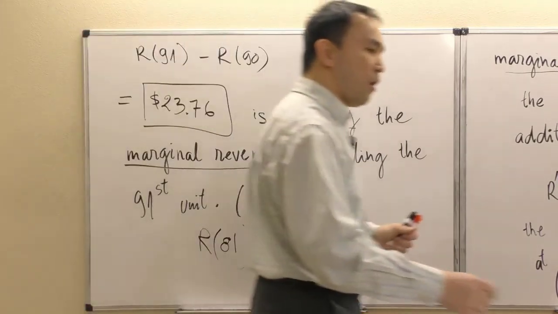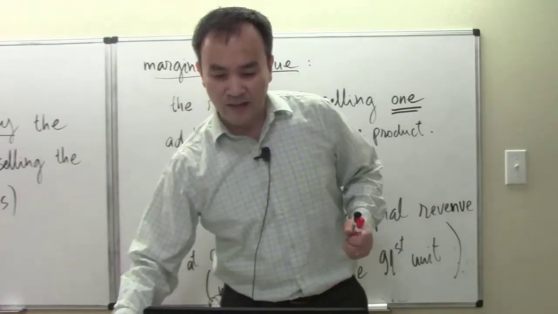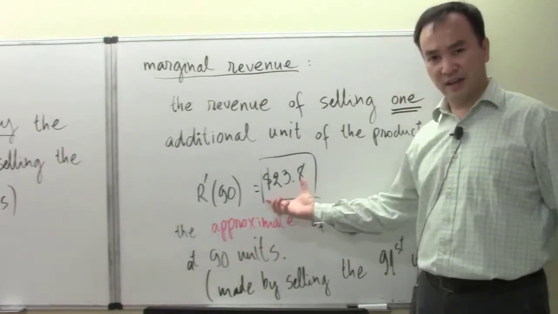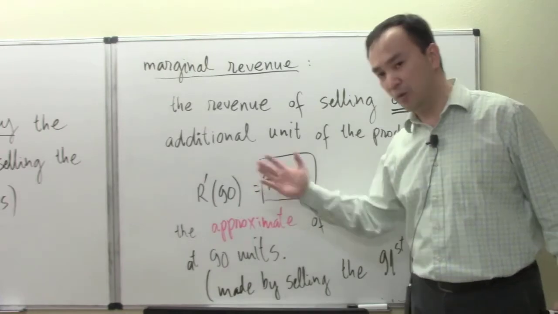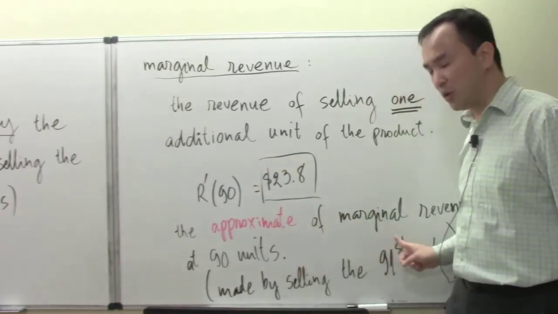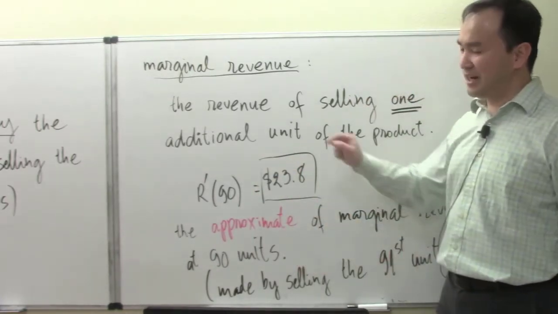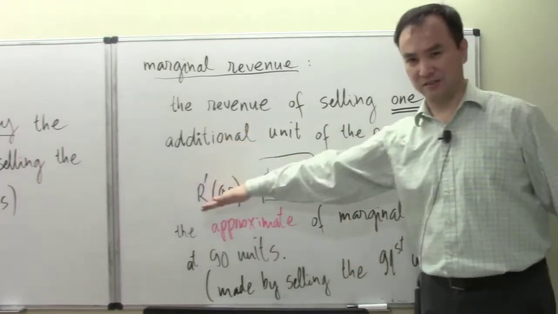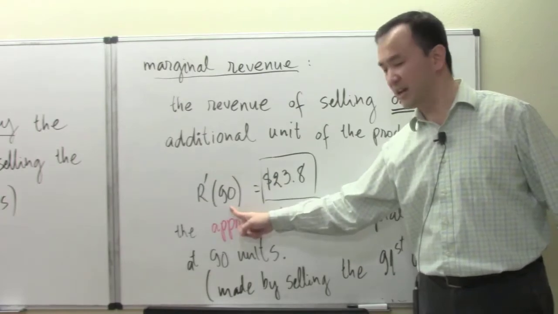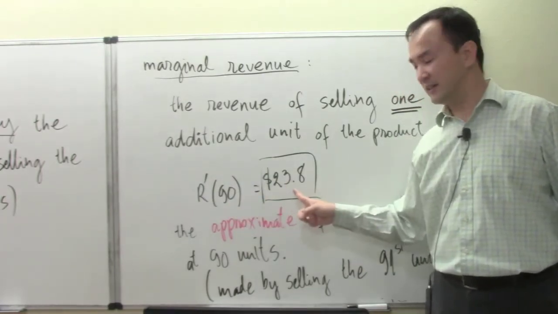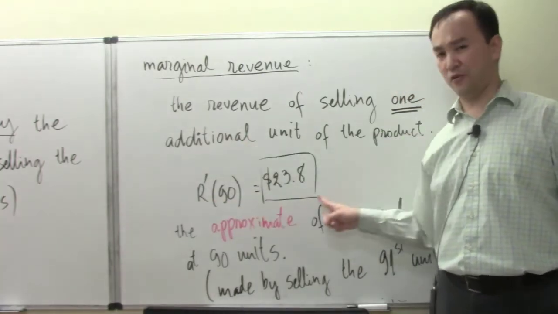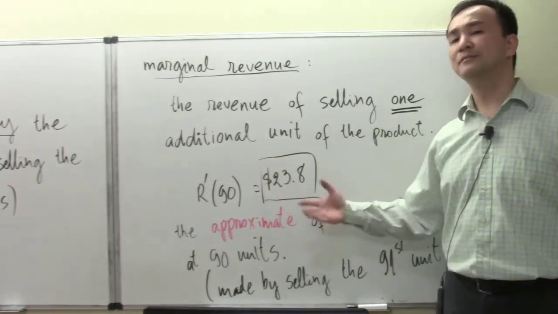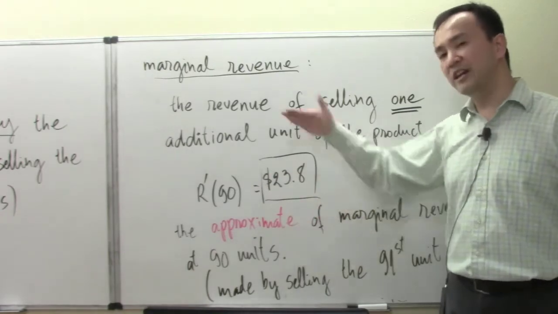So we want the kind of work that gives us an answer close enough, and works quickly anytime, anywhere, so that we can get what we want, the marginal revenue. And so over time, this method, finding the derivative and plugging in the value to get the approximate, has officially become the way to find marginal revenue.